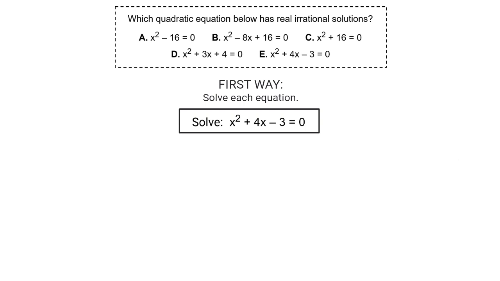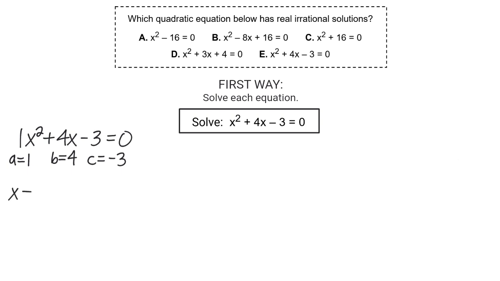So now let's use the quadratic formula. So we have x squared plus 4x minus 3. A is 1, B is 4, C is negative 3. So we're going to have x equals negative b plus or minus the square root of b squared minus 4 times a times c, all over 2 times a.